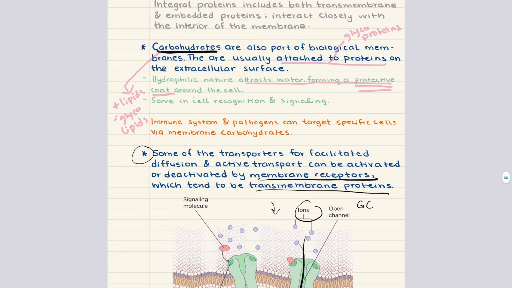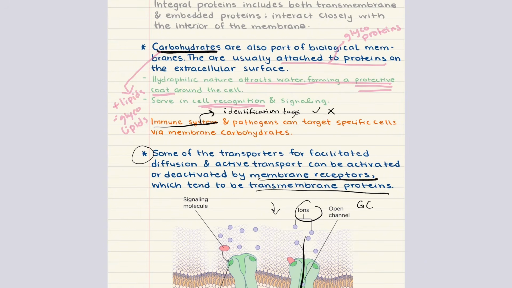Carbohydrates are also essential for cell recognition, so they can act like identification tags that can be read by other cells or by molecules in the extracellular space. The immune system relies on those tags to distinguish between self and non-self cells.